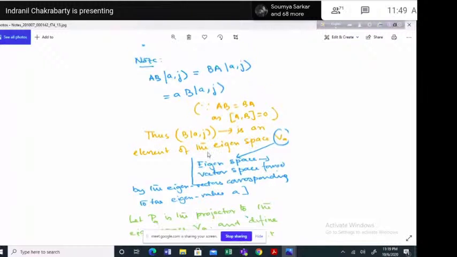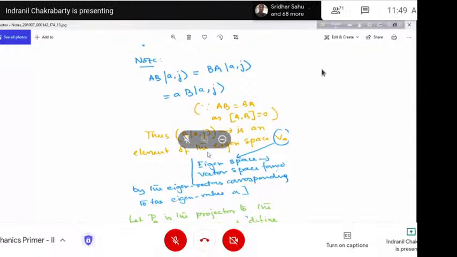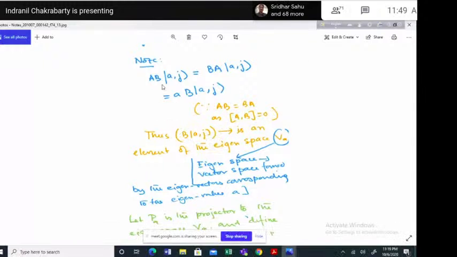Then what does it tell you? A when operated on B|a, j> gives you a B|a, j>. So B|a, j> itself is an element of the eigenspace V_a, right?